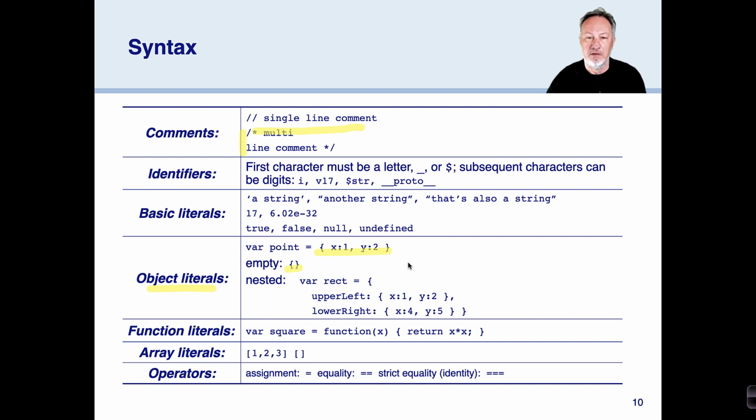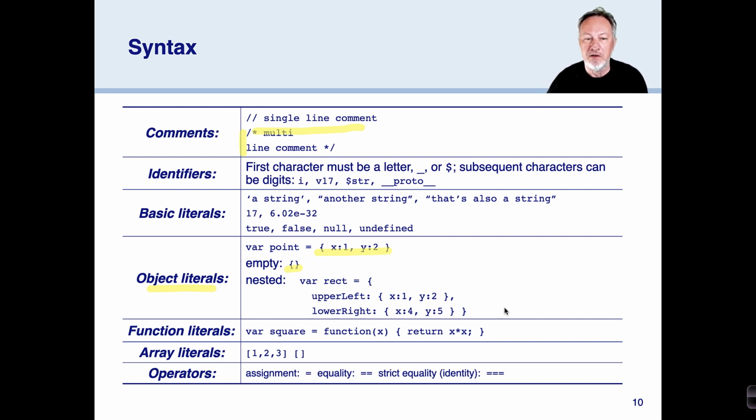Notice this looks very much like JSON. JSON is a format based on JavaScript for storing persistently the values of objects. The key difference in JSON, the JavaScript Object Notation, is that the identifiers are always enclosed in double quotes.